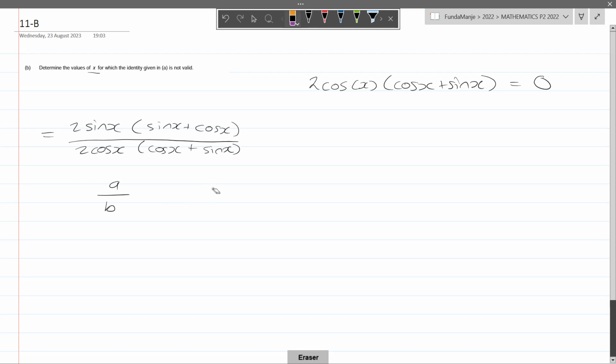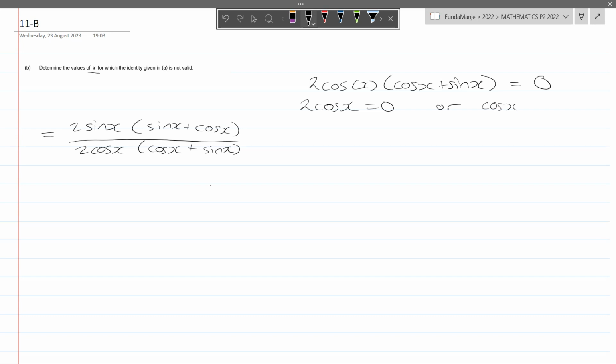So if we can find the x values that result in the denominator being equal to 0, then we can find those x values in which the identity would not be valid. So at this point, what we can do is just say 2 cos x is equal to 0, or cos x plus sine x is equal to 0.